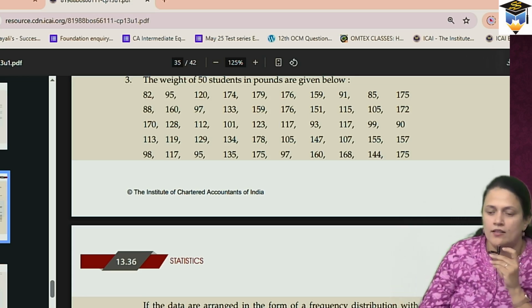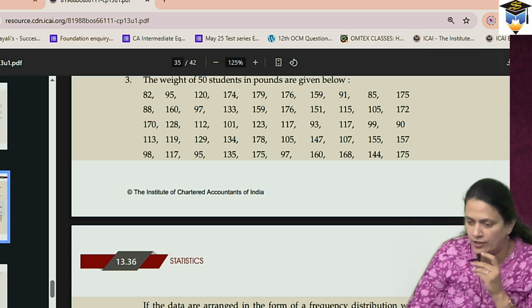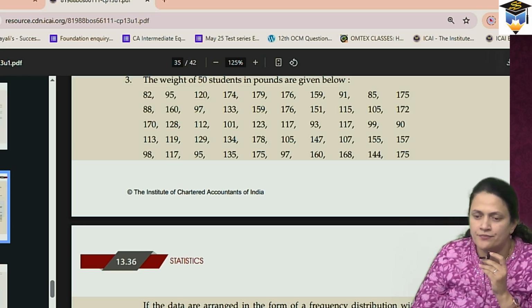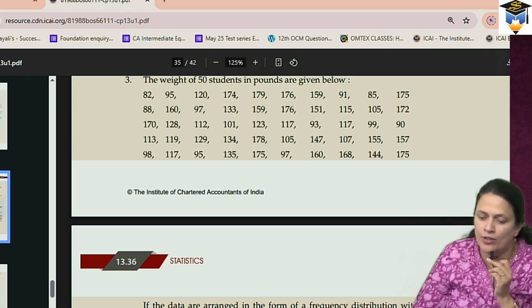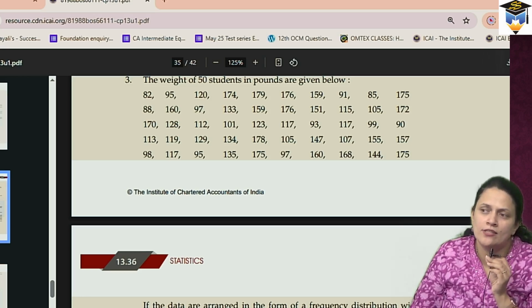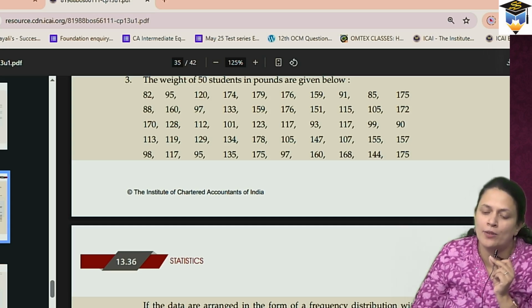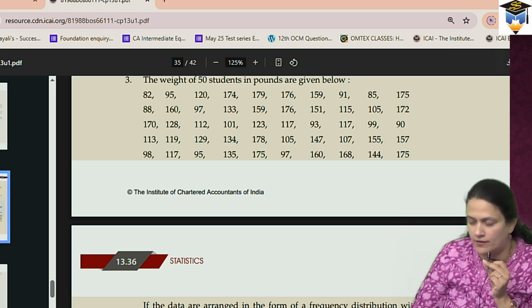Okay. So yes, what do you need to do here in this example number 3? The weight. So you have to basically form class intervals 81 to 100, 101 to 120. Now tell me, are these class intervals continuous? No, they are just group frequencies. So find out how many lie between 81 to 100 and form the table. Come on.